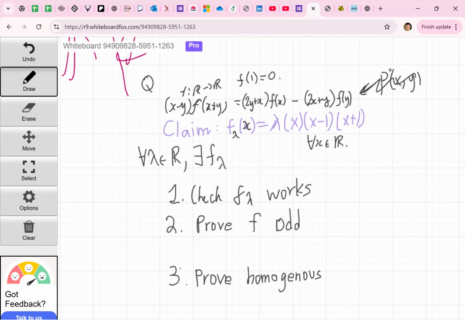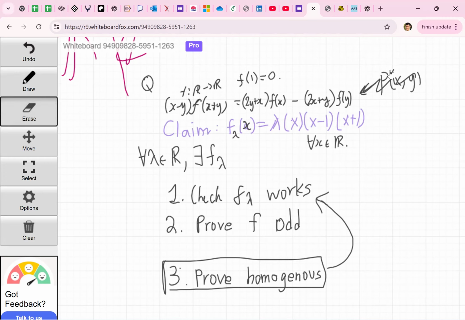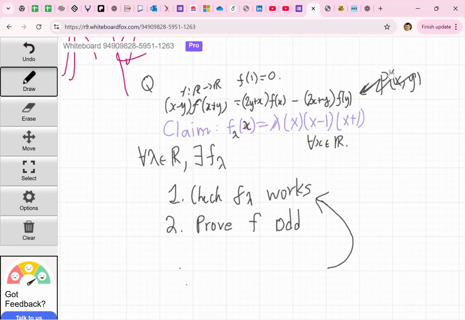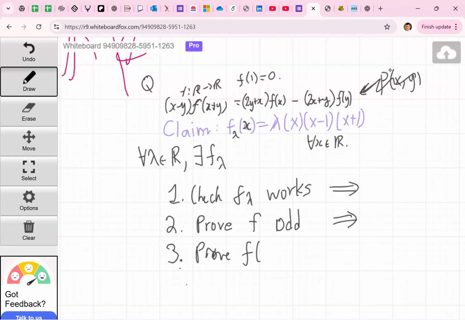So we prove f is odd, and then the main steps are: prove f of an integer m is m plus 1 choose 3 times f of 2 for all integers m.